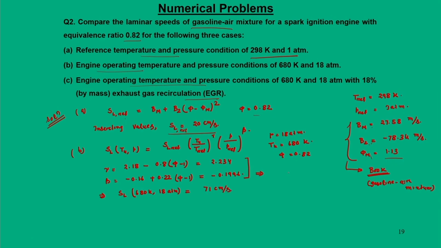So, you can see that SL at 680 Kelvin, 18 atmosphere is greater than SL reference. This is the first conclusion we say. Second part or last part, these same operating conditions, but with exhaust gas recirculation.